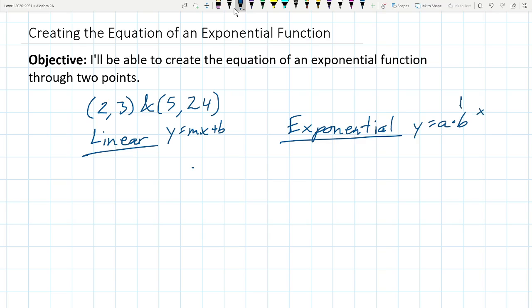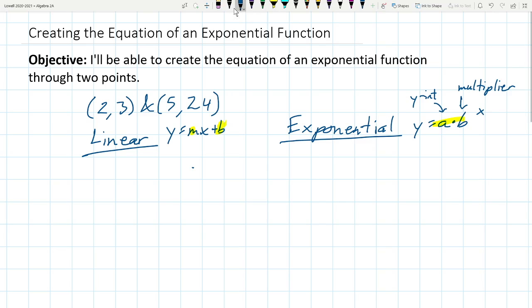This b here would be the multiplier, and a is the y-intercept. Our goal is to find a and b here, or in the case of a linear function, m and b.